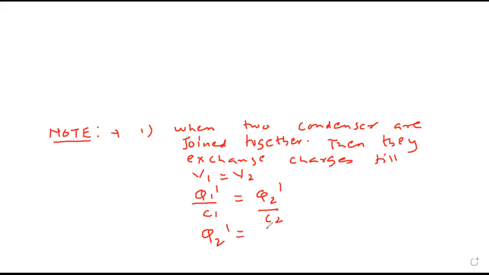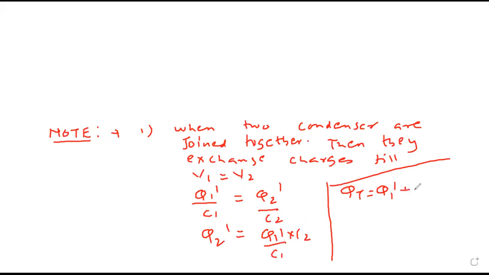So Q2 dash will be Q1 dash upon C1 into C2. But total charge before and after is the same. So Q1 dash plus Q2 dash is total charge. That will become Q1 dash plus Q1 dash C2 upon C1.